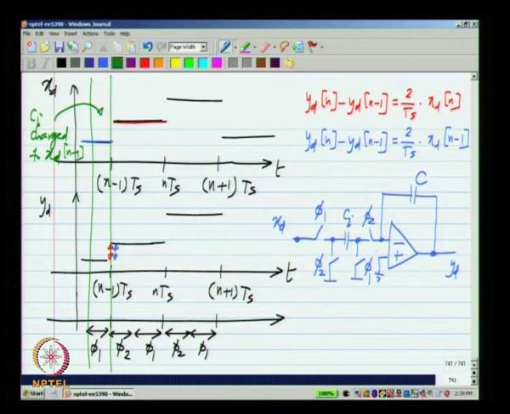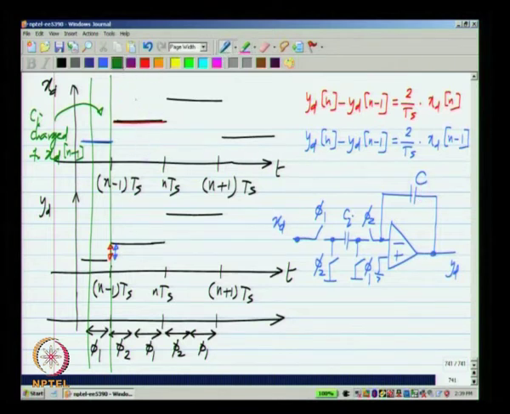That is when phi 1 is closed here and phi 1 is closed over there, simply the capacitor Ci is placed across xd. And during the next phase phi 2, you see that the Ci is connected between this negative terminal of the op amp and ground. It is assumed that the op amp is operating in negative feedback. If you assume that it is an ideal op amp or something that has a very large gain, the voltage here will be 0. So, that means that all the charge from Ci will get transferred to C.